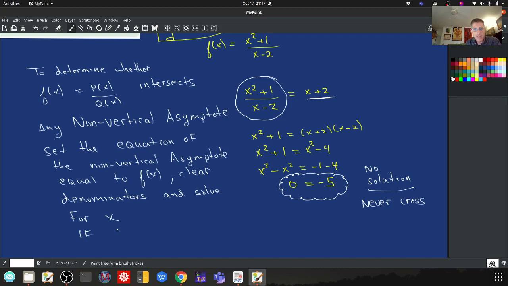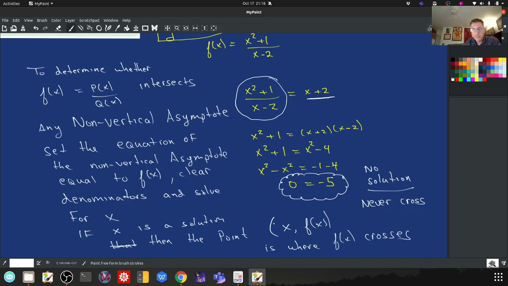If x is a solution, then the point x, f of x, is where f of x crosses.